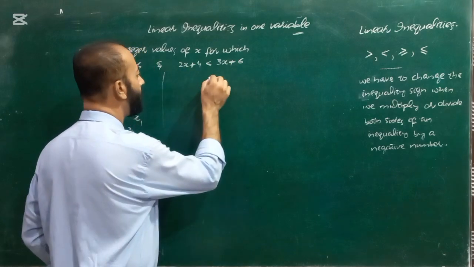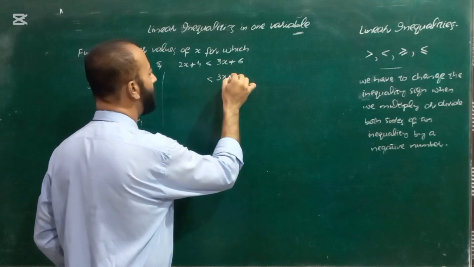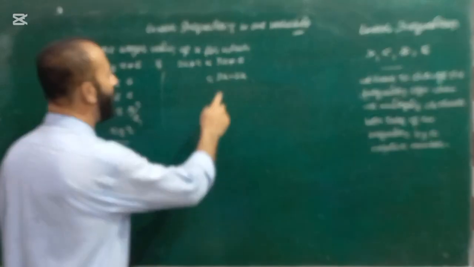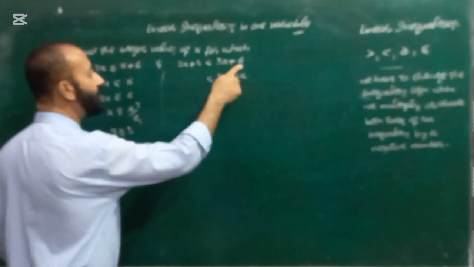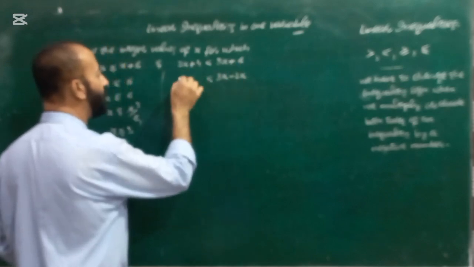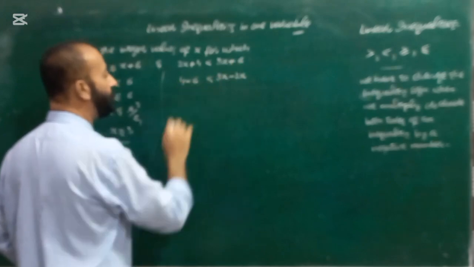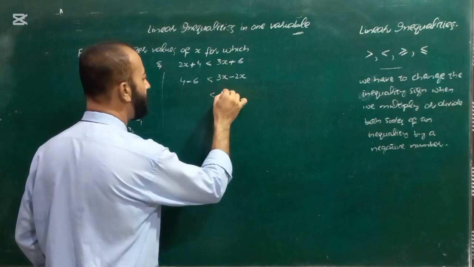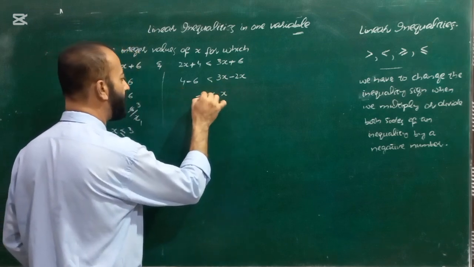So look now, the advantage of this is 2x will become positive, and if this has gone to the right hand side, 6 will come to the left hand side. So this 4 is still there, and 6 will be subtracted from 4. So at this step you can see 3x minus 2x will be x, and 4 minus 6 is minus 2.